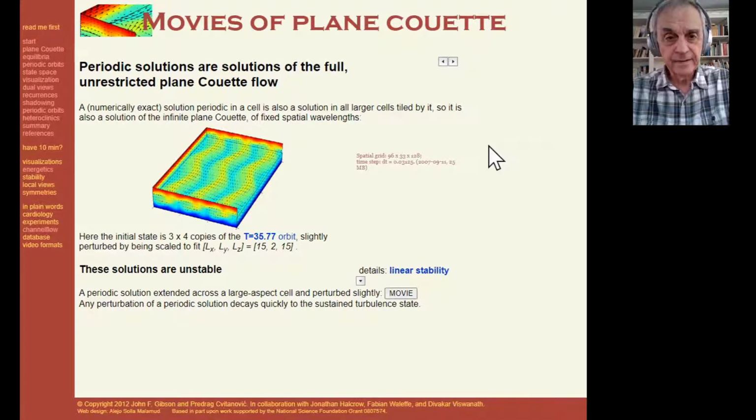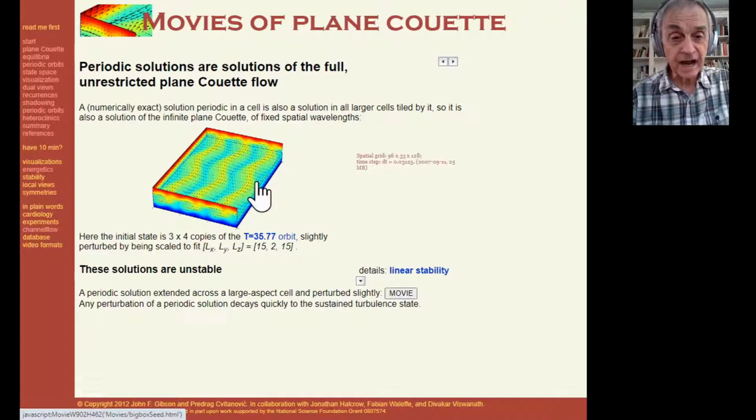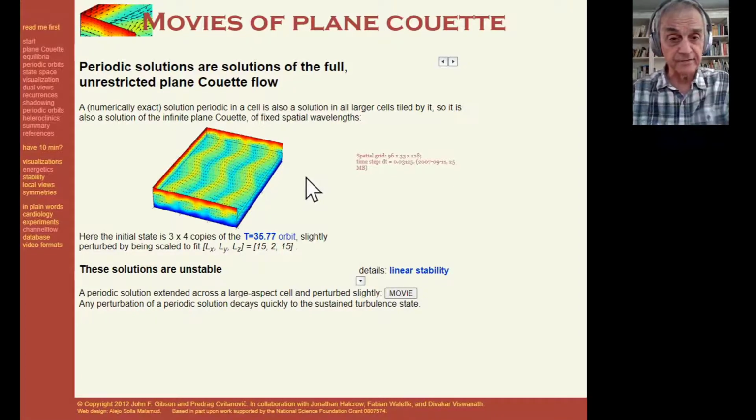So the main thing about these solutions is we computed them in a minimal cell. But actually, they're exact solutions of the infinite system, but they have one peculiar property that they're tiling the infinite system. You can see this here. We have taken 3 copies sideways, or 4 copies downstream, of the solutions I've just shown you.